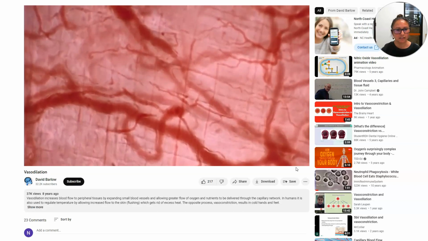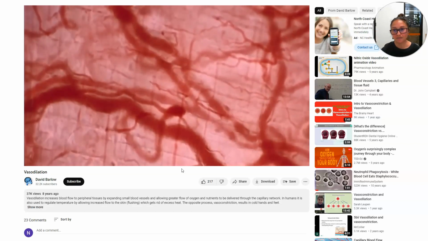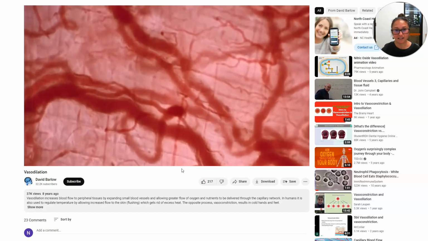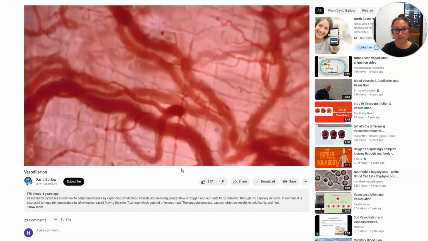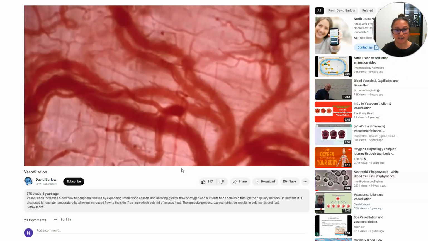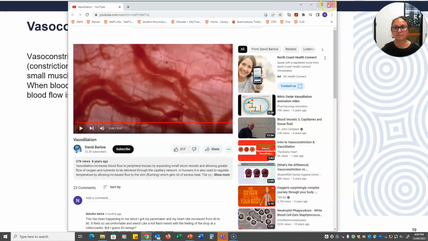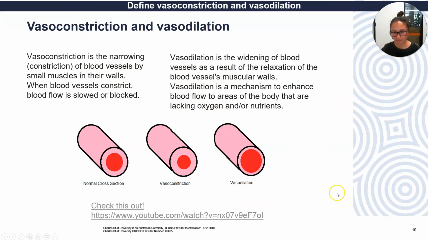So what you're doing is increasing blood flow to the area. Look at that. Wow. See? Nothing happened, and then look at all the blood in there. Wow, that's vasodilation. Look at that. There we go.